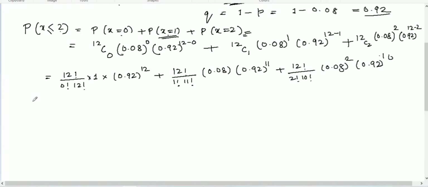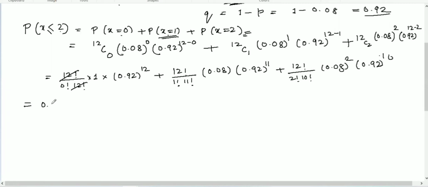Now we will calculate everything. This and this will be cancelled, so 1 multiplied by 1.